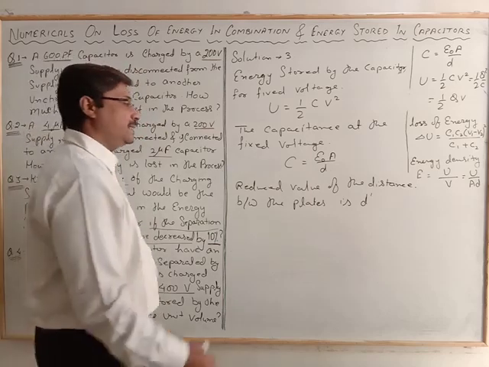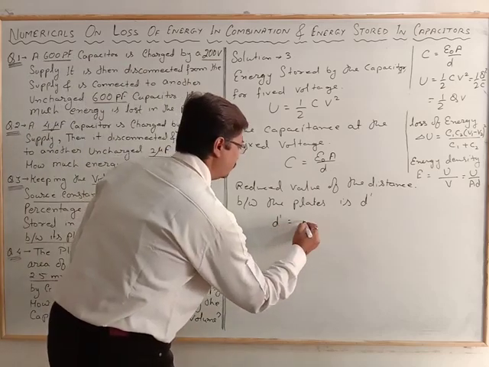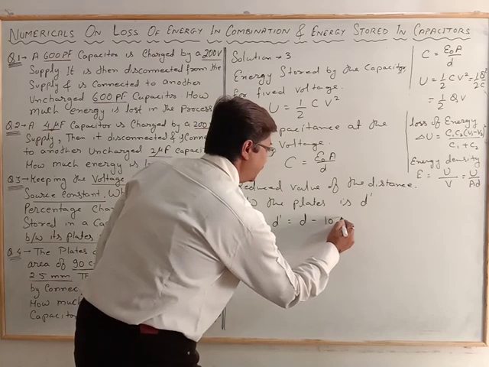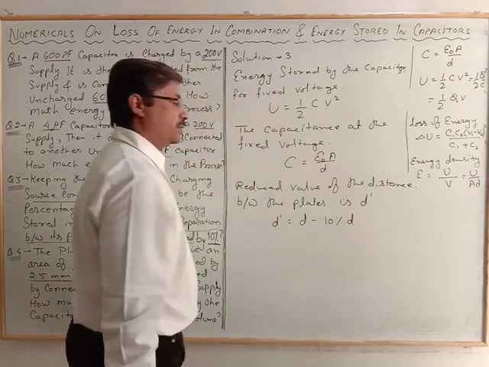Now what is the d dash? So d dash is equal to d minus 10% of d, the reduced value.